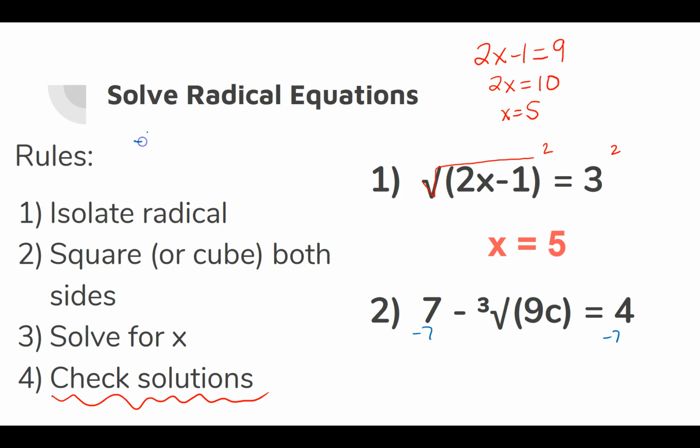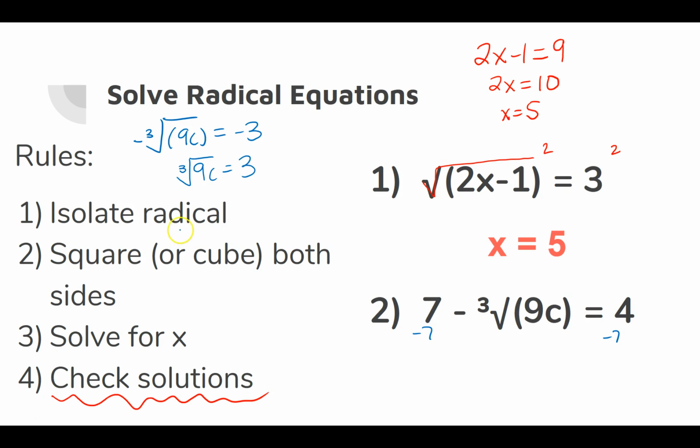This will give me negative cube root of 9c is equal to -3. Now we've got to get rid of that -1, so it becomes positive cube root of 9c equals a positive 3. We just divide by -1.